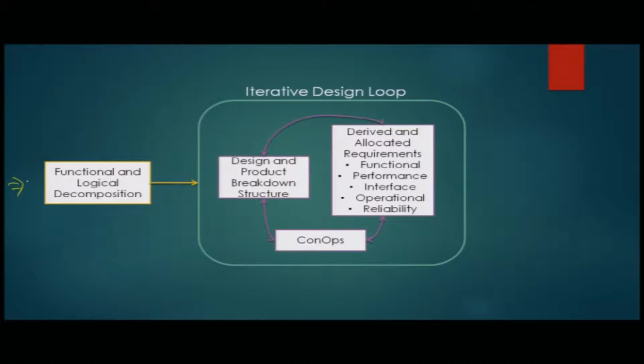which has, from the functional and logical decomposition, we derive the design and the product breakdown structure, the PBS, and the design breakdown structure. The strawman, so some of the designs that we would actually get out of this would be called the strawman architecture.